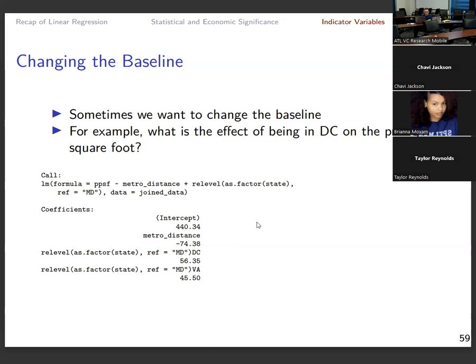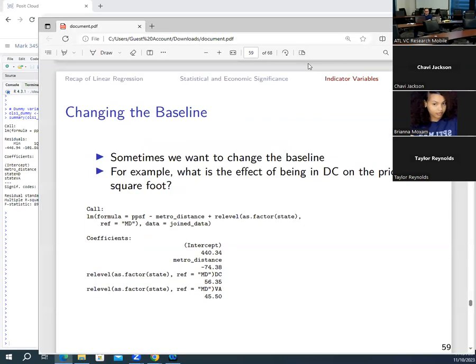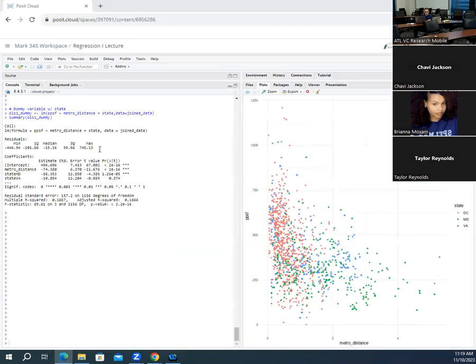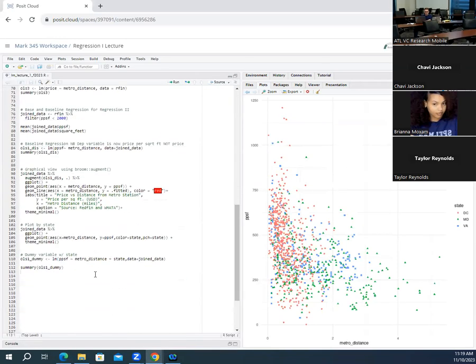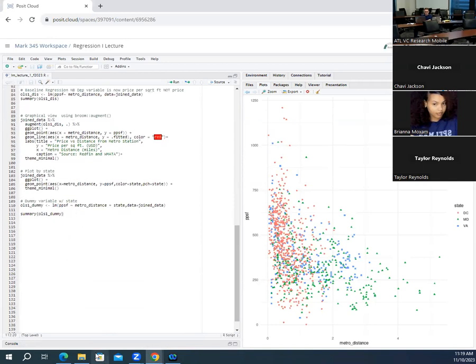Guess we could run that. Do you want to run it? Let me go ahead and run that code. We'll see what we get. Okay, so this is a dummy variable with state where Maryland is base.